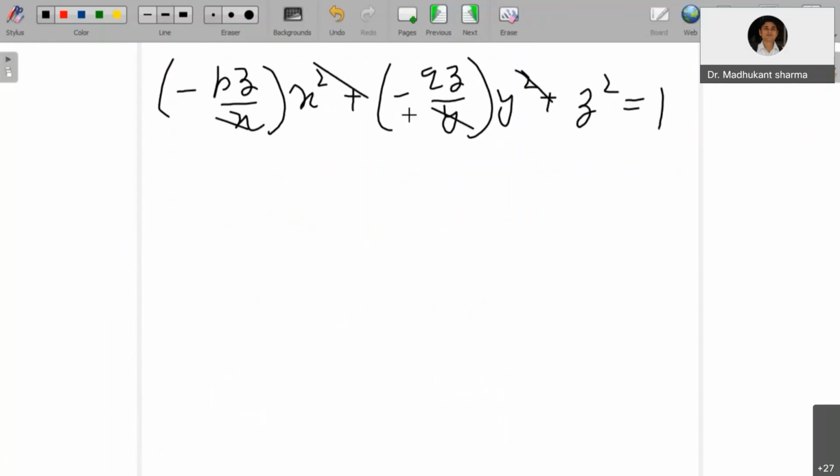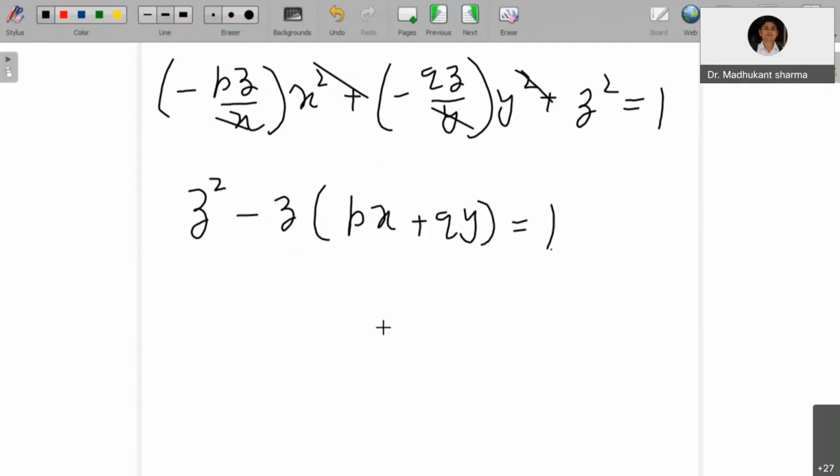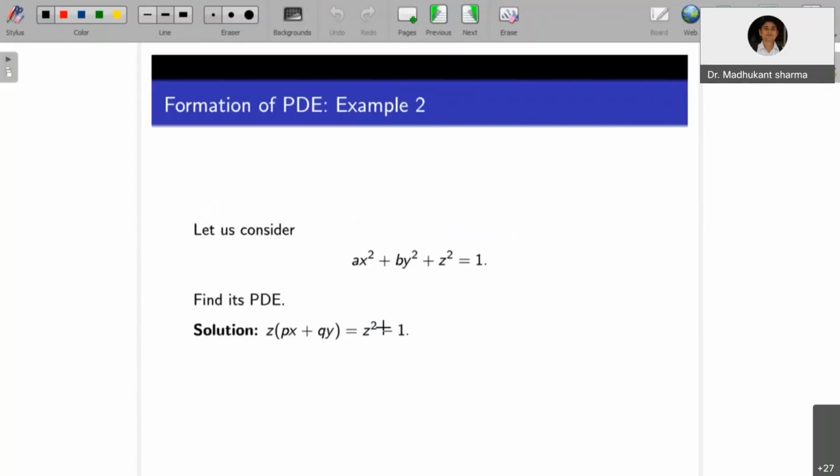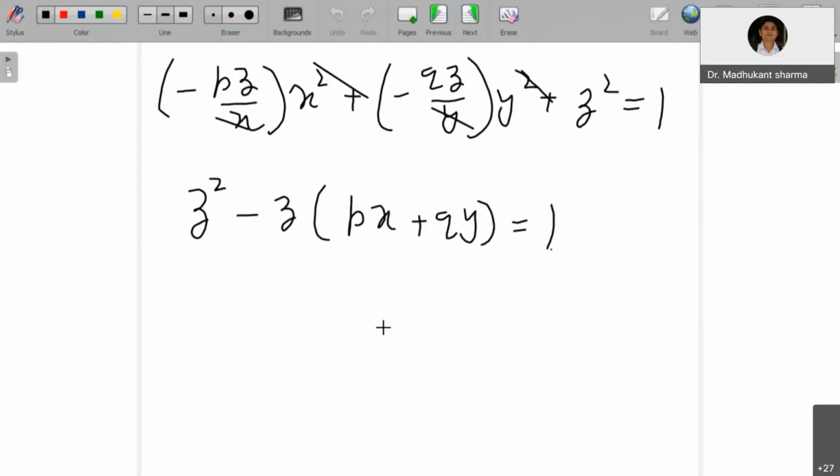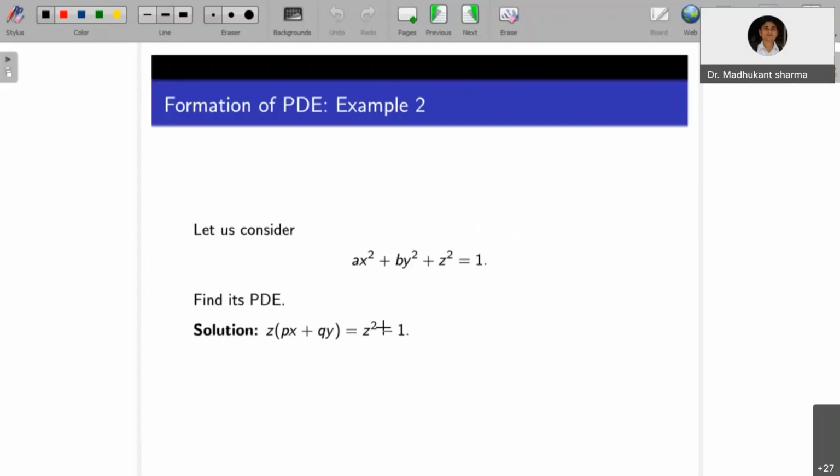One x will get cancelled, one y will get cancelled, and finally you have z square minus z times (px plus qy) is equal to 1. So this is what we have obtained: z times (px plus qy) is equal to z square minus 1. This is the final.